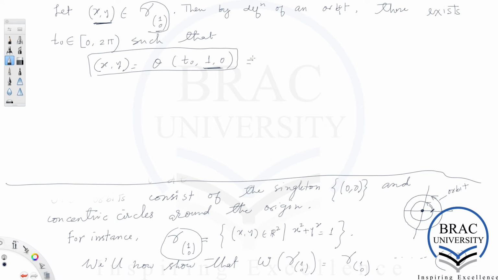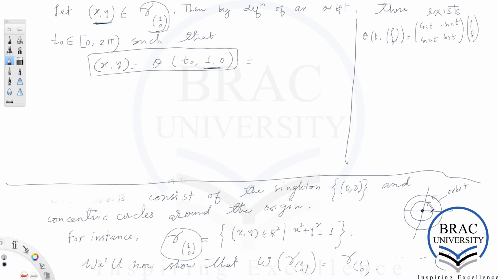What is this definition? Let me write it for you here. Theta of t comma (p, q) was cosine t, the rotation by angle t, minus sine t, sine t, cosine t, times (p, q).